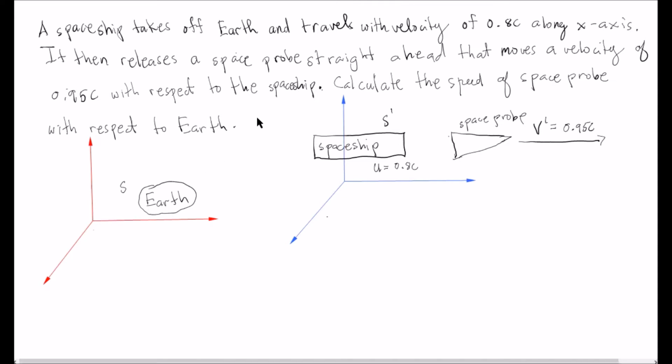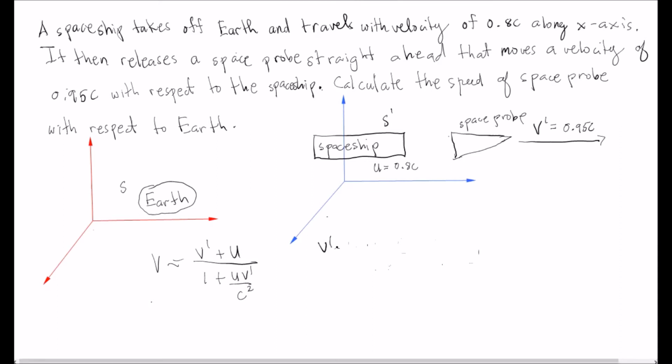We're going to use this equation: V, the speed according to the rest frame, the S frame, is equal to V prime plus U. We have plus U since the moving frame and the space probe, the event, are moving along the x-axis, so we have positive U, over 1 plus U, the speed of the moving frame with respect to the S frame, times V prime over c squared.